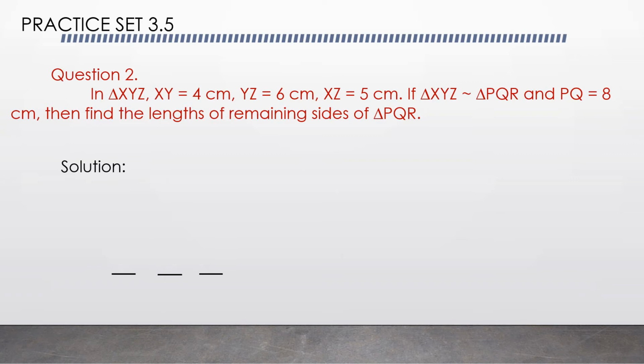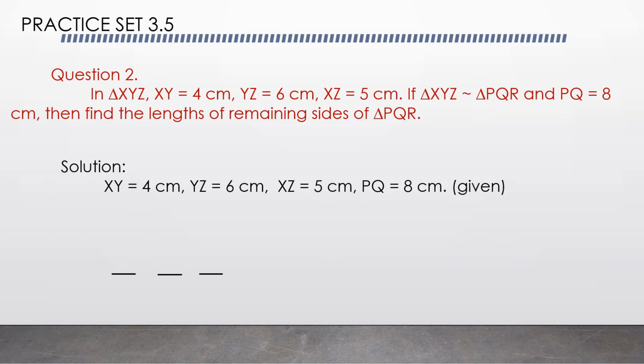Solution. First you have to write what is given in the question. That is XY is equal to 4 cm, YZ is equal to 6 cm and XZ is equal to 5 cm and PQ is equal to 8 cm. And triangle XYZ is similar to triangle PQR, that is given.